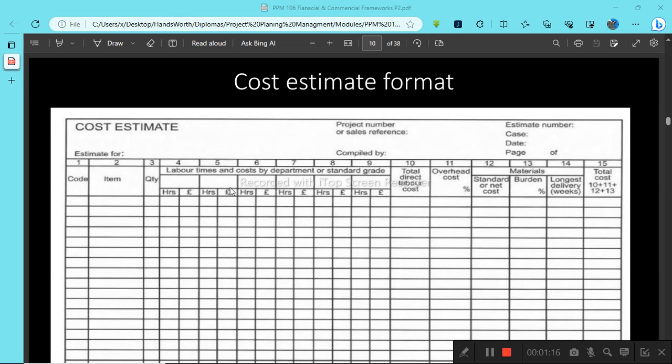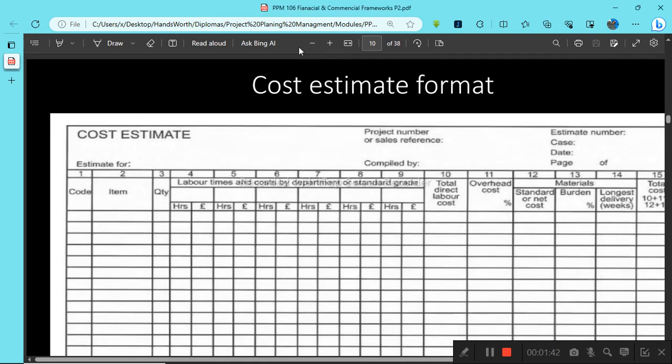All right, so the first approach that we looked at is known as the top-down cost estimation. And under the top-down cost estimation, we said that this is the approach or the type of cost estimation where we begin by looking at the project completion, or we visualize the project to have been already completed.